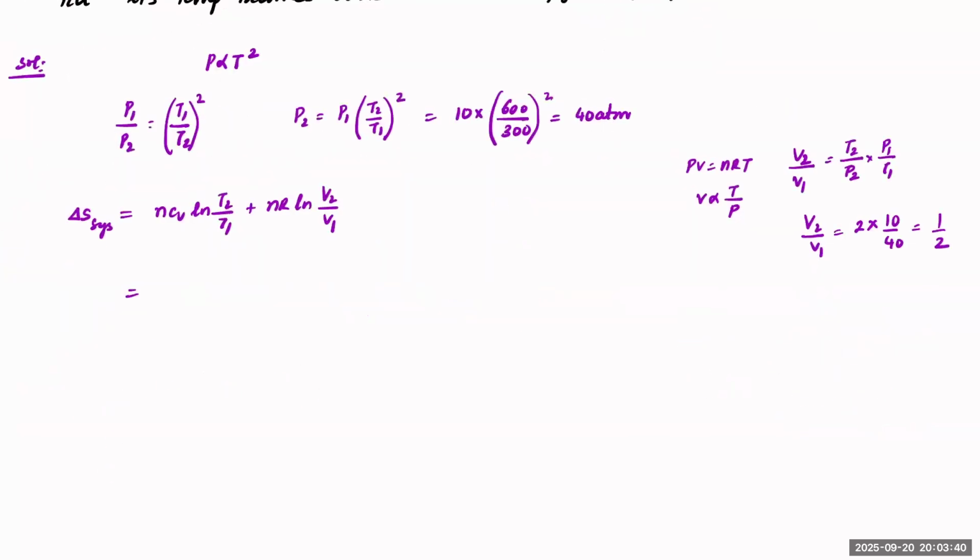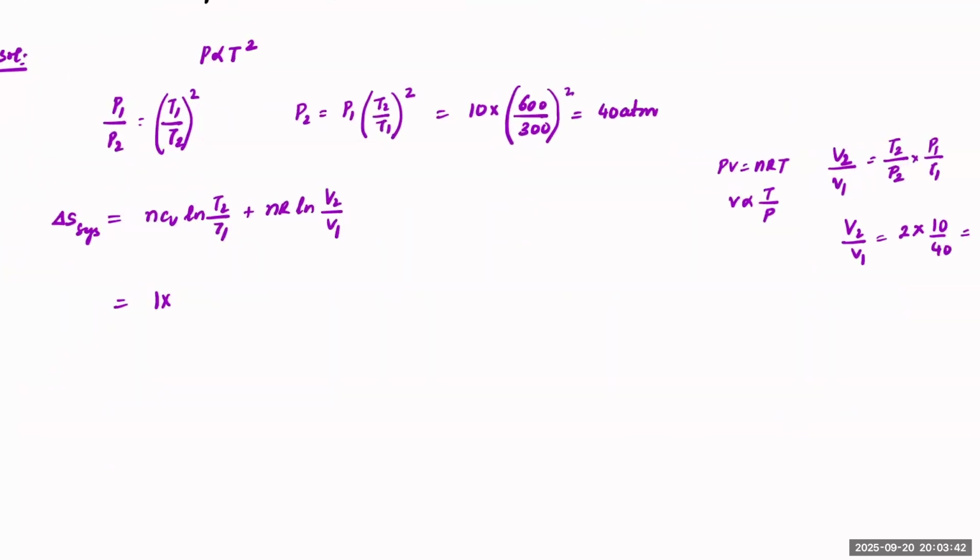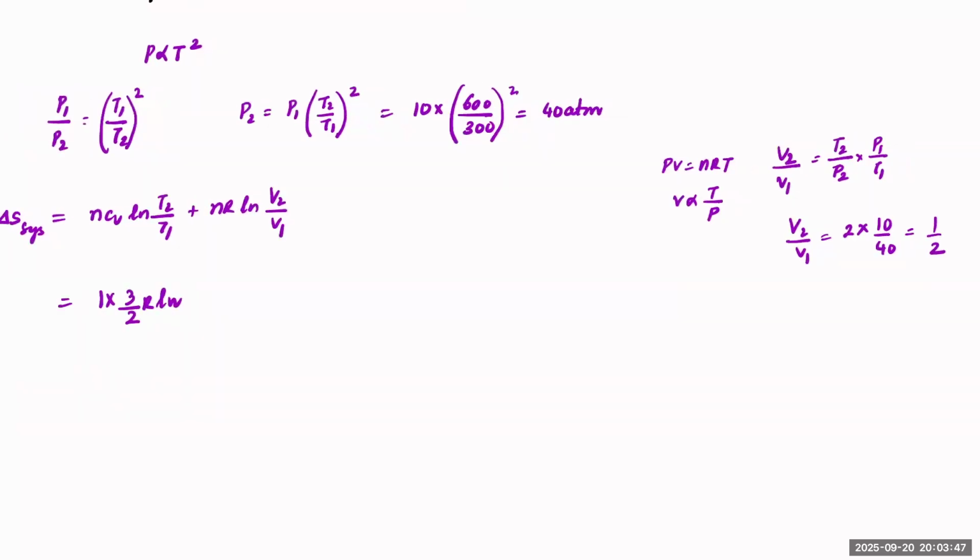And how many moles? 1 mole is being used. So 1 into 3 by 2R into ln 2, plus again it is 1 into R ln V2 by V1, which is 1 by 2.